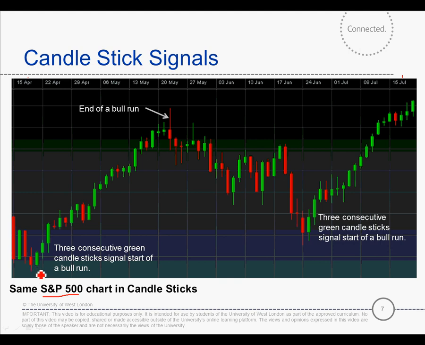Now, what I observe here, and what I can possibly use as a system, is that if you have 3 green candlesticks, that is a signal for the start of a bull run. A bull run is where the market is going up, right? And that gives me a signal to enter the market and go long on the market.